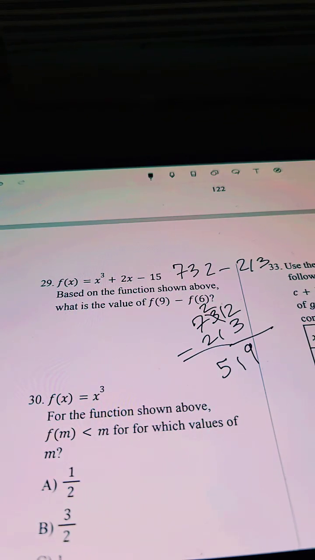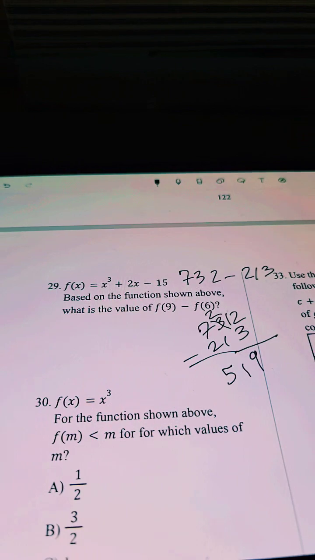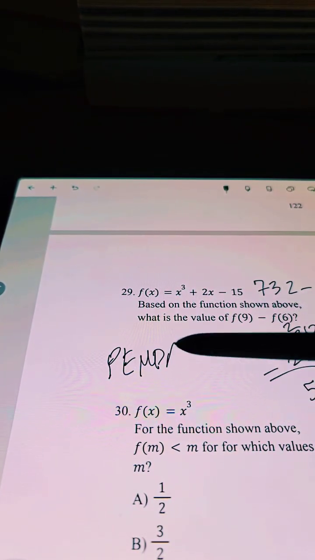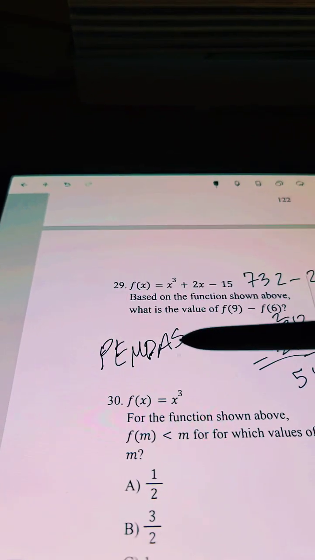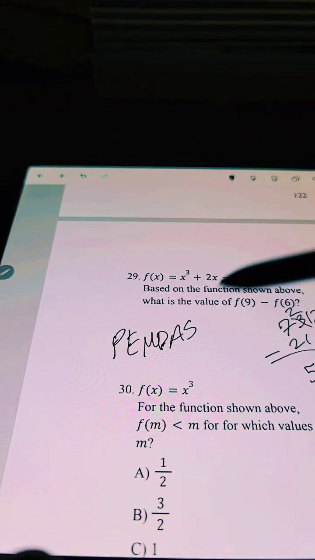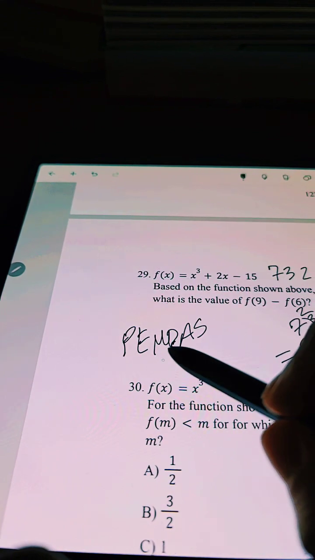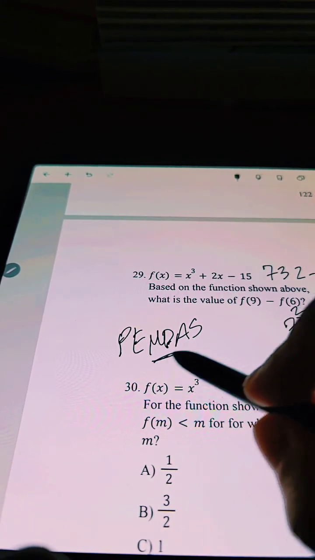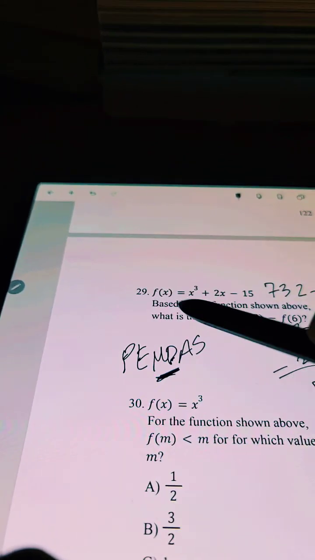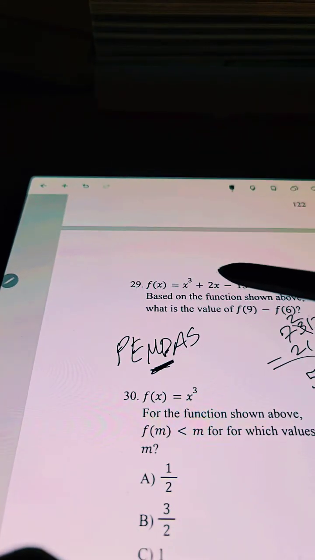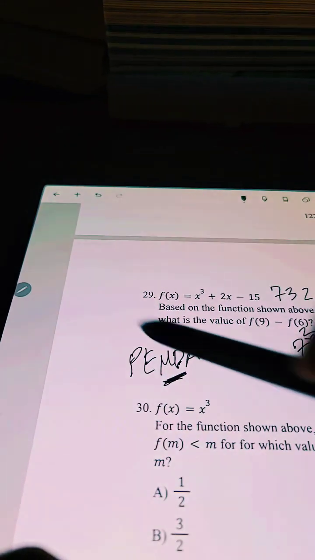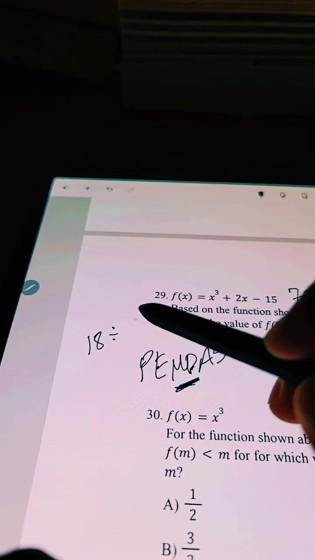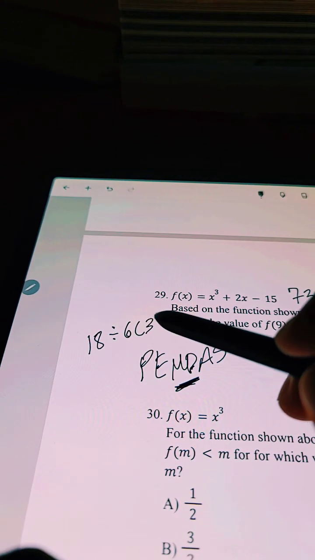As we do PEMDAS, do we do it as it goes in order? So with PEMDAS, one thing that you have to remember is the A and the S don't really matter. I mean, it matters in relation to the other ones, but the one that trips people up, like technically you go in order, except if you have multiplication and division, you do what's left to right in that order. So let's say that you have 18 divided by 6 times 3.